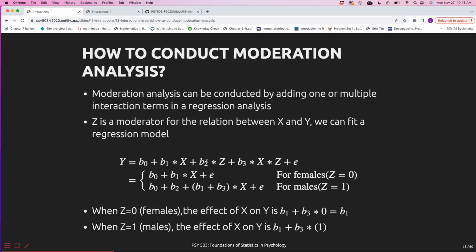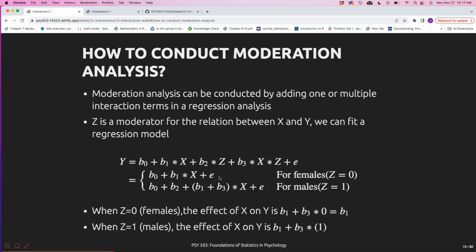We can work this out algebraically, which I've done here. We're going to dummy code our gender variable, where Z equals 0 is for females and Z equals 1 is for males. For females, the equation is B sub 0 plus B sub 1 times X. For males, the equation is B sub 0 plus B sub 2 plus B sub 1 plus B sub 3 times X. We can insert our dummy coded variables and extract the slopes.